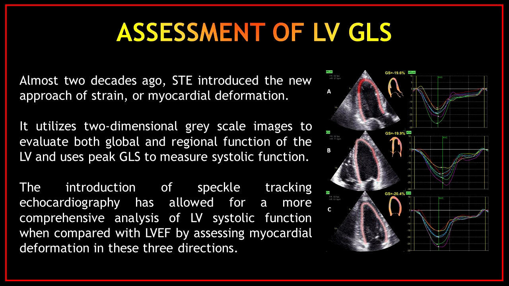The introduction of speckle tracking echocardiography has allowed for a more comprehensive analysis of left ventricular systolic function when compared with left ventricular ejection fraction by assessing myocardial deformation in these 3 directions.